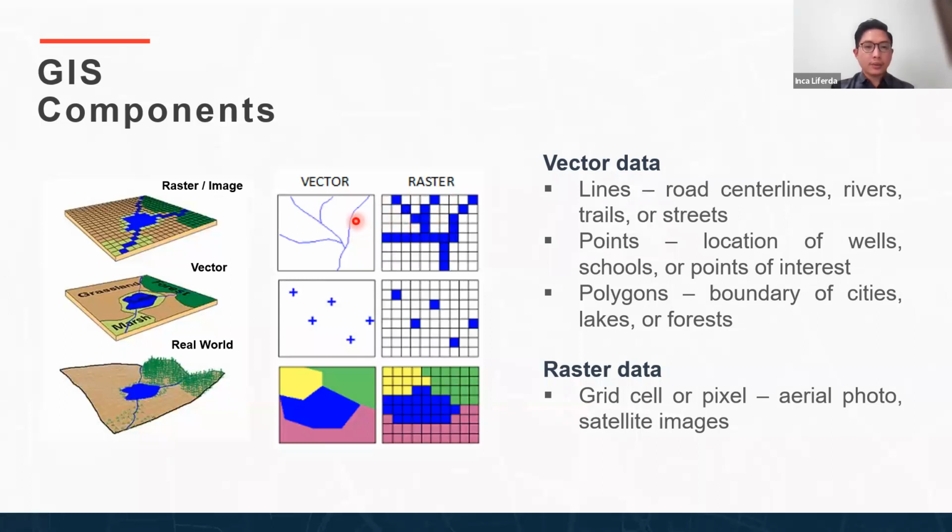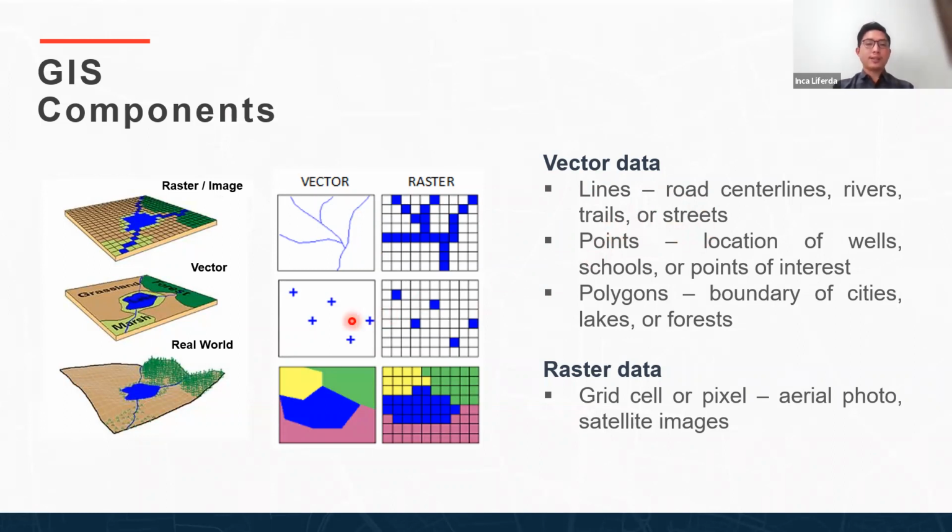And then if we look at the vector data, there are three types of vector data. We call them lines, points, and polygons. For example, the lines are like roads, road center lines, and also rivers, trails, and streets.